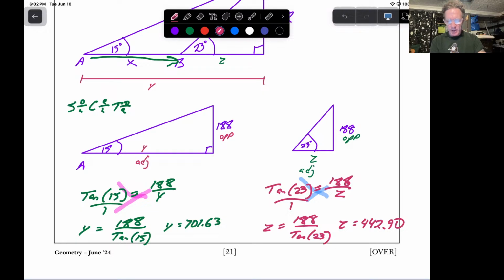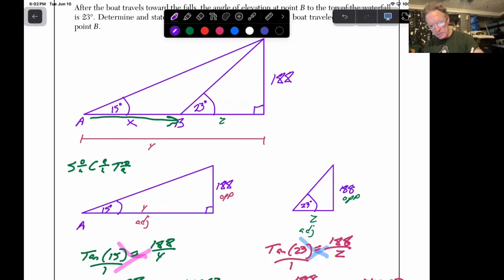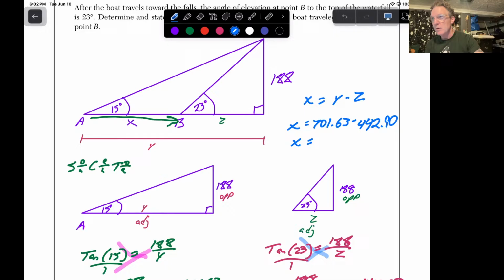And then we have to subtract, right? So it's going to be the 701.63 minus the 442.9. In this case, x equals y minus z, which is 701.63 minus 442.9, about 259.